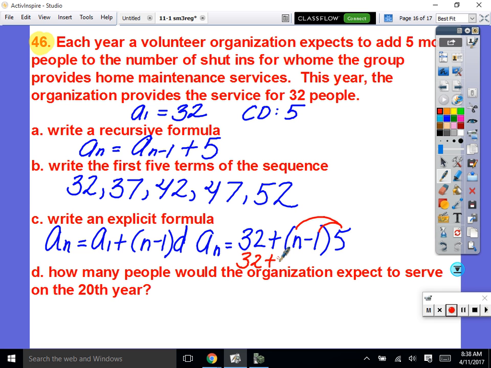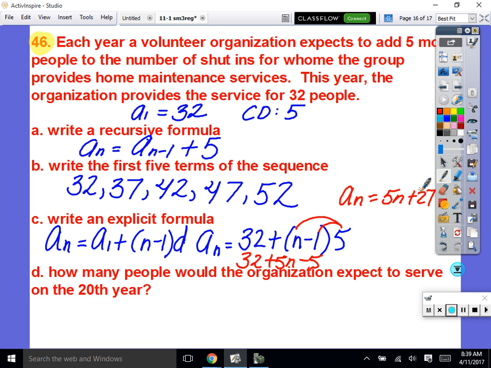So we're going to have 32 plus 5n minus 5, right? So a sub n, let's just go, a sub n is equal to 5n plus 27. So that's the explicit formula for this. That will generate any term in the sequence.